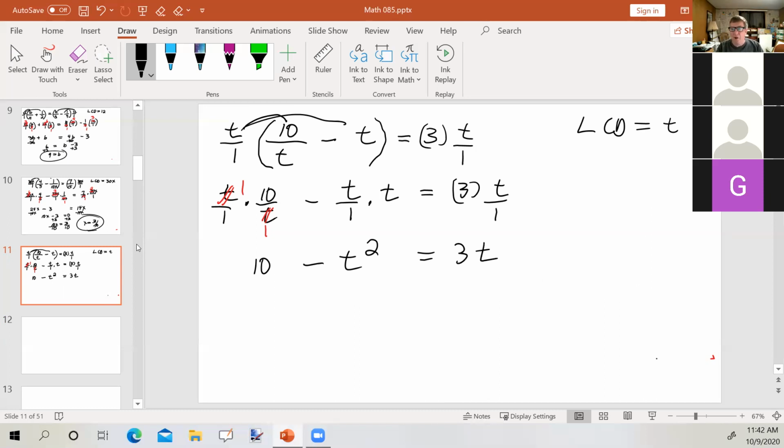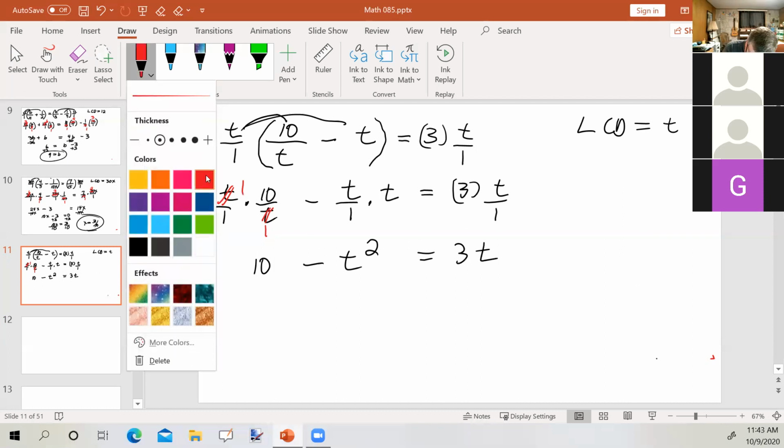The fractions are gone, but I now have a second degree equation. So to solve a second degree equation, we're going to put it in standard form. One side is going to be a trinomial. The other side is going to be 0. I'd like to have my leading coefficient positive.